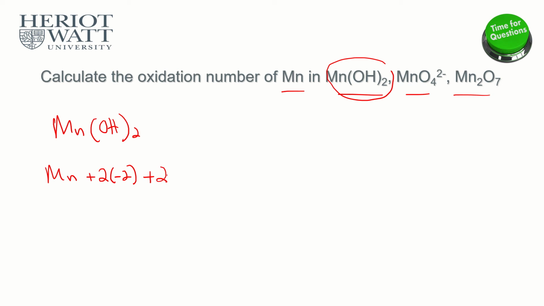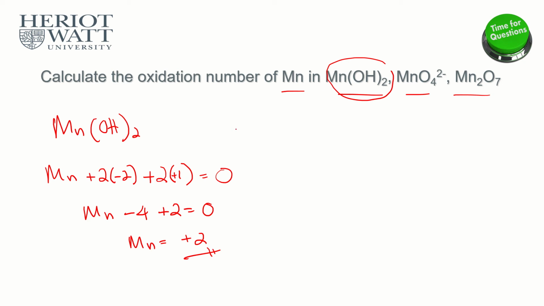So you have 2 multiplied by +1, and you add up everything, which should equal the overall charge, which is 0. Then Mn - 4 + 2 equals 0, so Mn equals +2. See that? -4 plus 2 gives -2, you bring it over, and you get +2. So the oxidation state of manganese in this compound is +2.